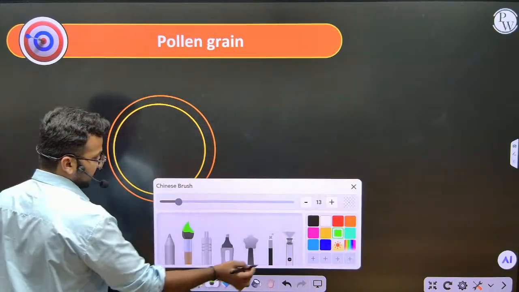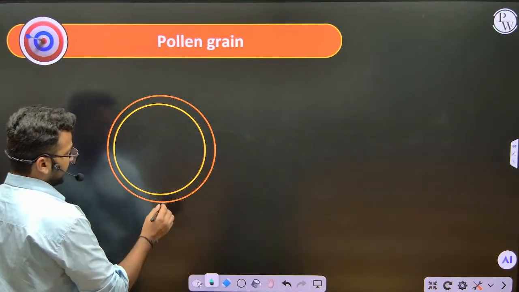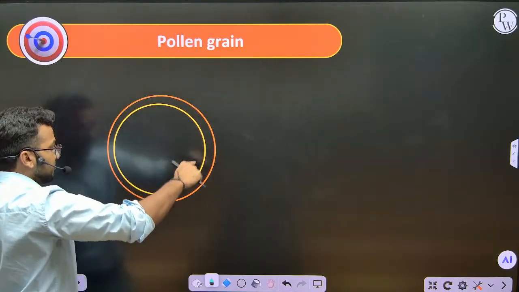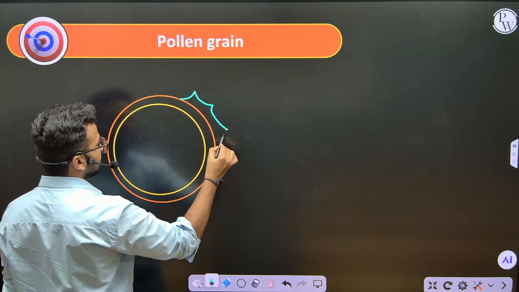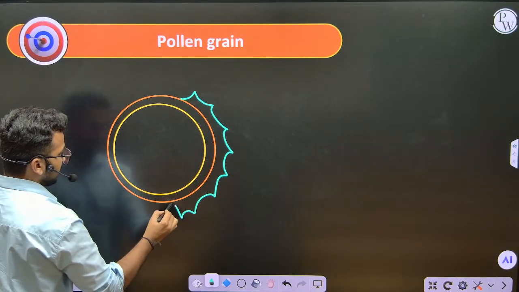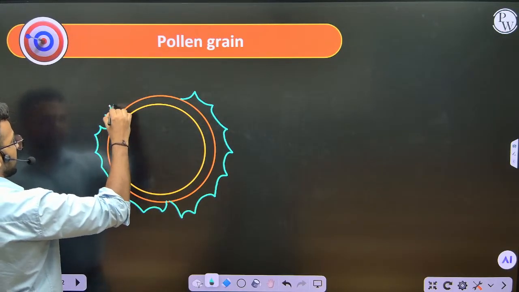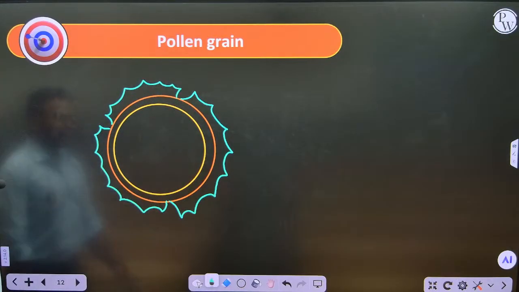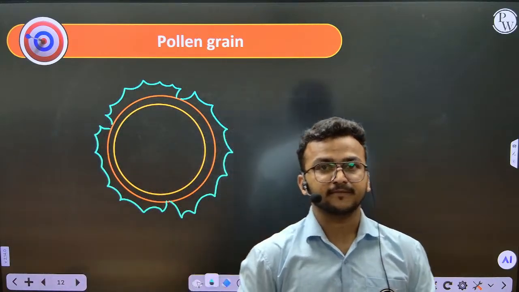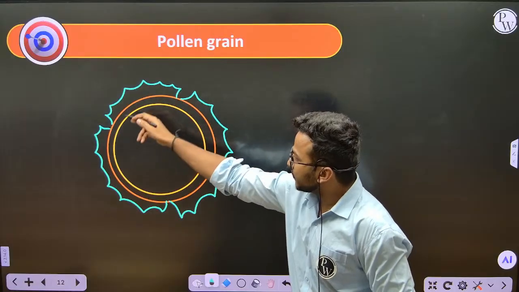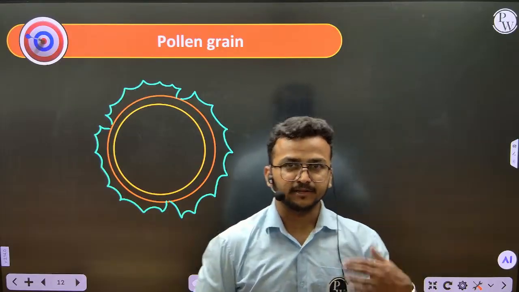And next to that, you will observe another layer. It is not continuous like this, completely surrounding it. The other layer you will be seeing is irregular and not continuous, and in the pollen grains of many plants this irregular, discontinuous structure has a different texture in different plants.